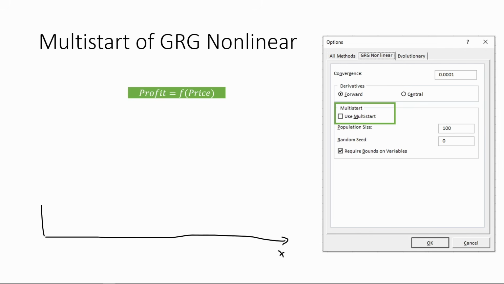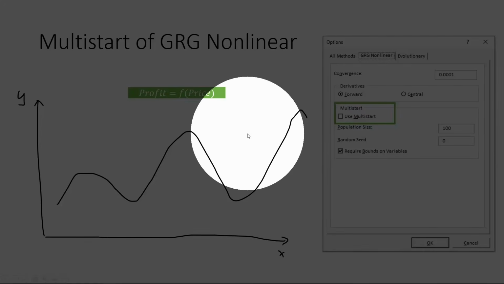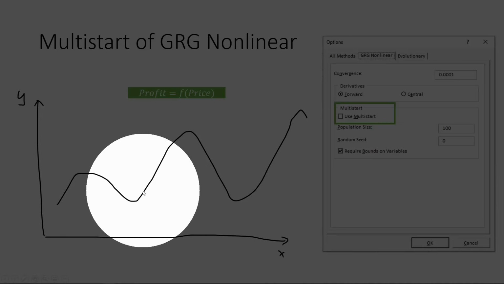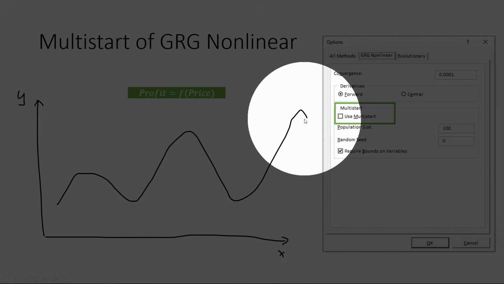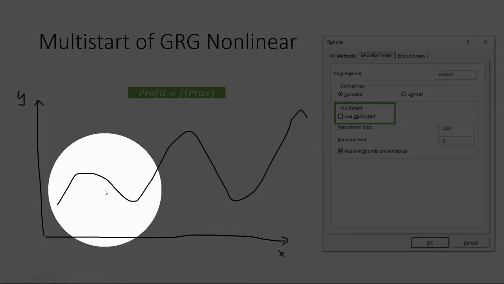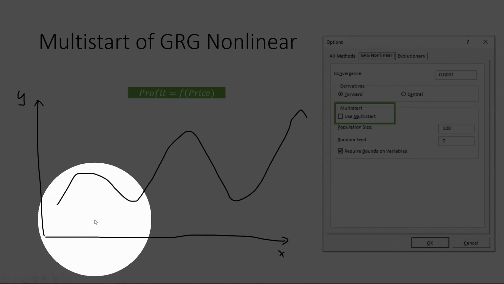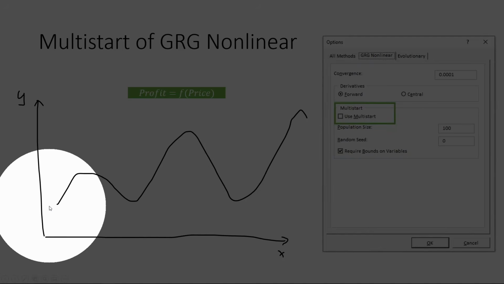Let's say we have a price and demand relationship that is like this. So there's a smooth curve that goes up and down, and that's profit as a function of price. And if you don't use multistart in GRG nonlinear, what happens is when you climb the mountain, the little guy is going to start somewhere.